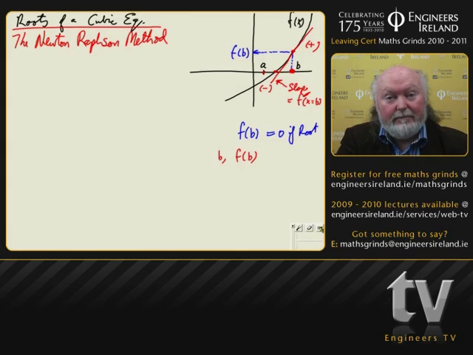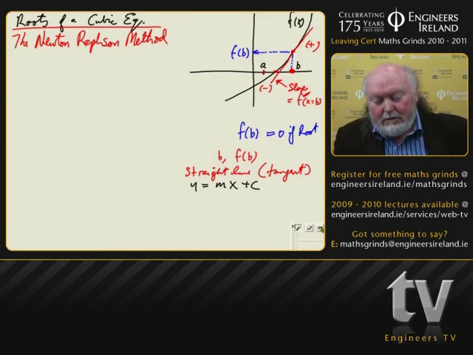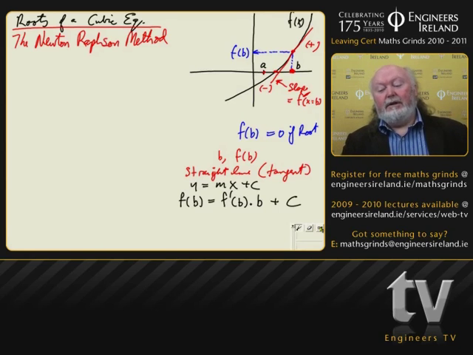So I can come up with a straight line. What does that straight line look like? The standard ones, okay? This is the tangent. We know the standard equation is y equal to mx plus c. So we know our slope, and we can say the function at b is equal to f dashed at b by x equal to b, and now we can work out our constant.